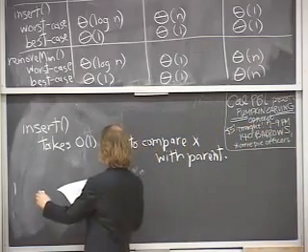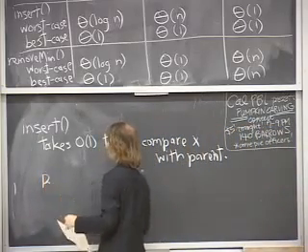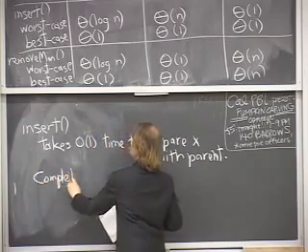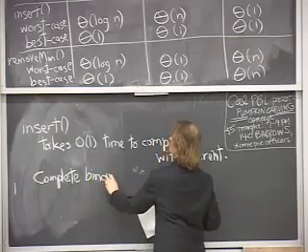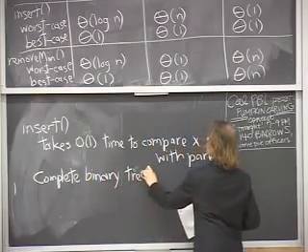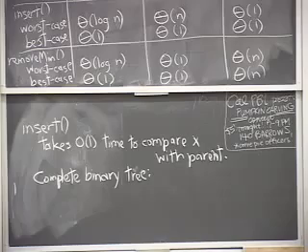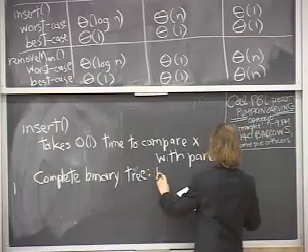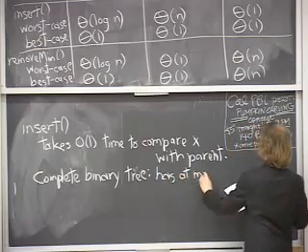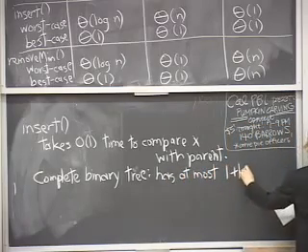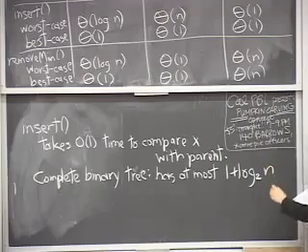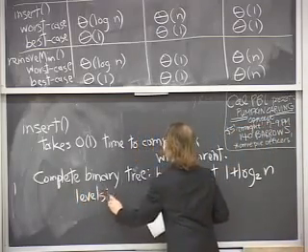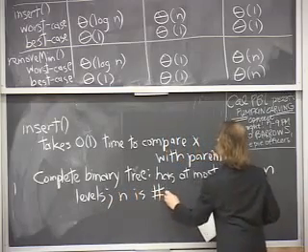Now, since it's a complete binary tree, here's where this is very important. Because the binary tree is complete, meaning we never start a new level until we've filled in all of the previous levels, it has, at most, 1 plus the base 2 logarithm of n levels, where n is the number of entries in the heap.